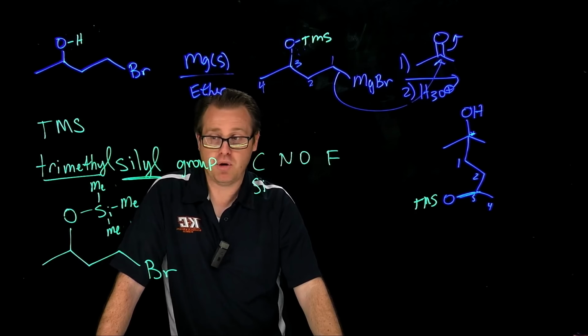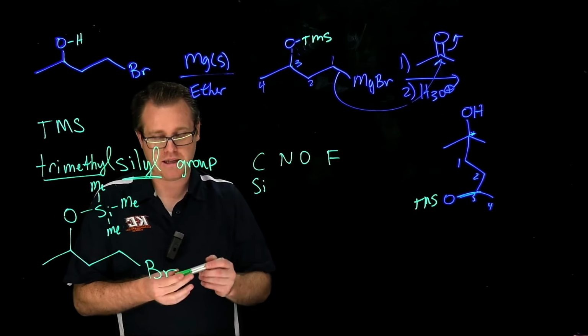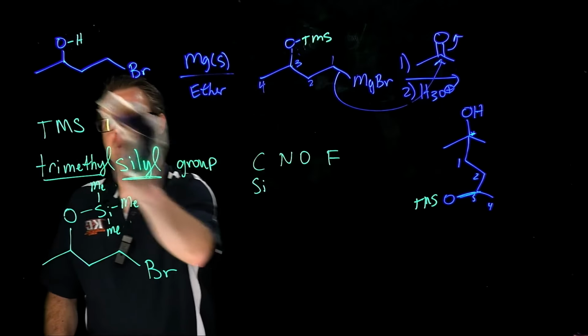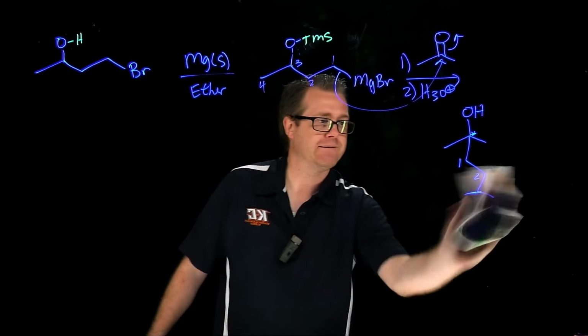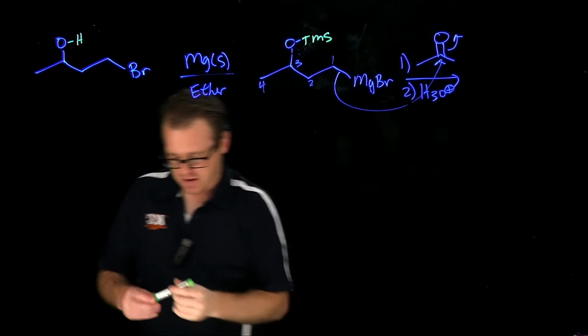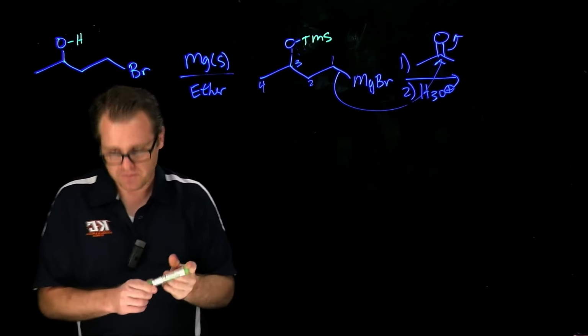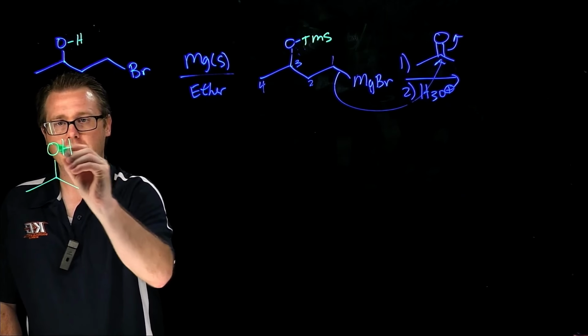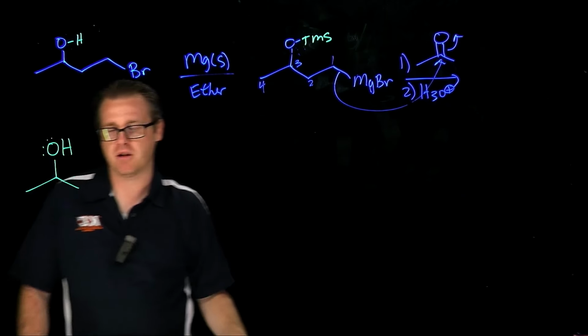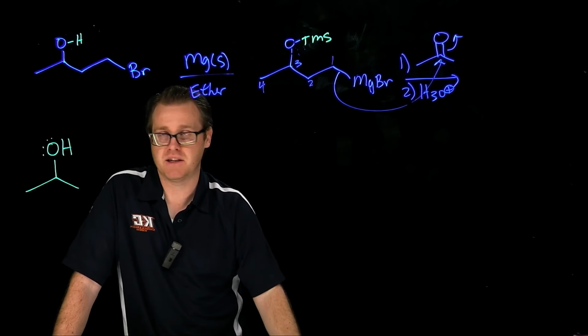So how do we put on the TMS group? Now, it's really straightforward. Let's just look at a small alcohol. The reason I'm doing a smaller alcohol is just so it's easier to draw.